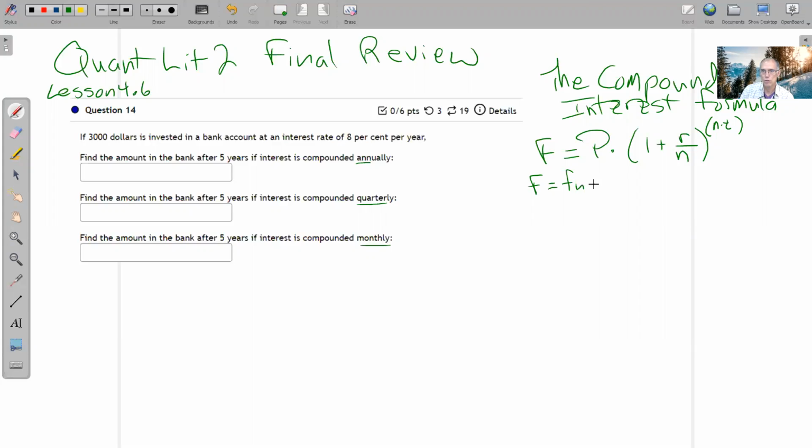This is our future value. And this is our present value or principal. It's a funny looking E. And then R is our APR, annual rate, as a decimal.